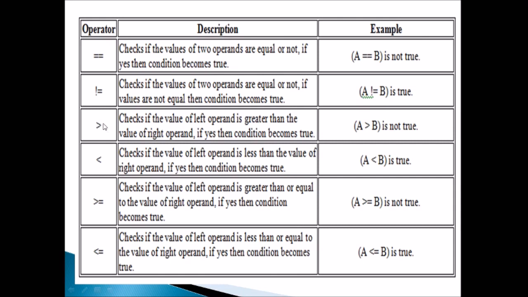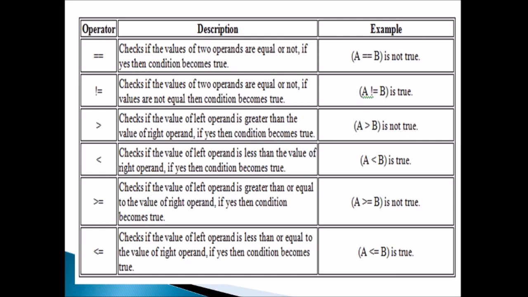It is going to verify whether the value of the left operand is greater than the value of the right operand. If the condition is satisfied, if it is yes, then the answer will be true, otherwise false. Here A is 10, B is 20. A is lesser than B. It is not greater than B. So the answer is not true, that is, we can say false.